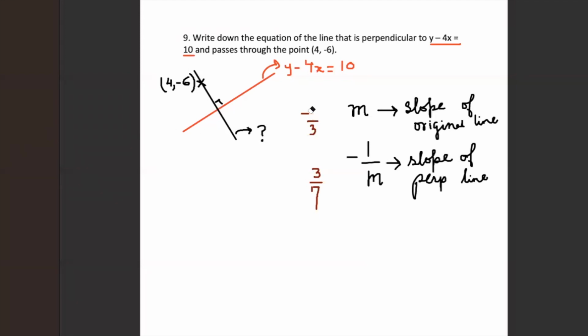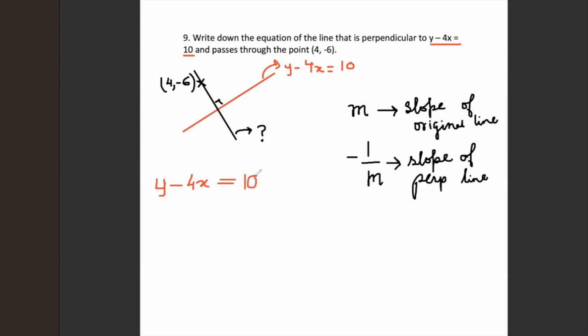So now let's look at our question. Our question says that the original line has the equation y minus 4x equals 10. So we'll move things around here. So y minus 4x equals 10.